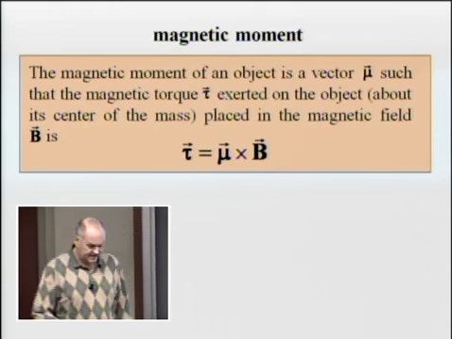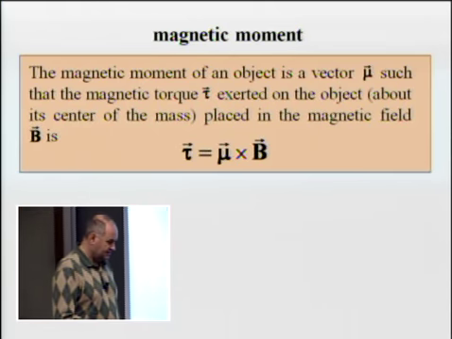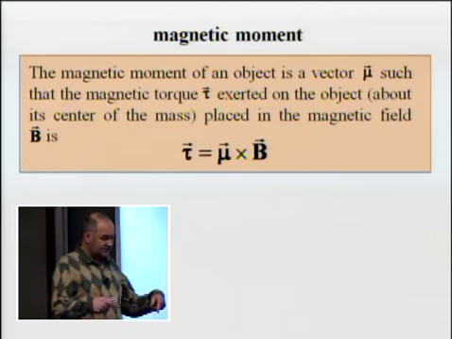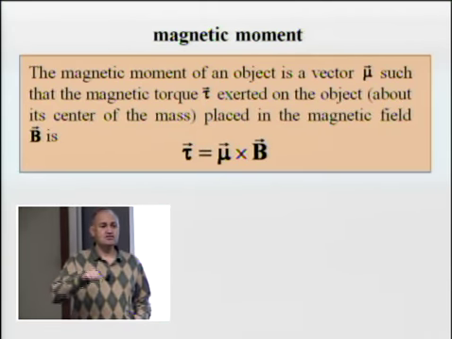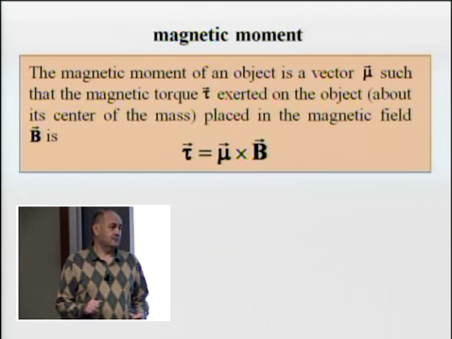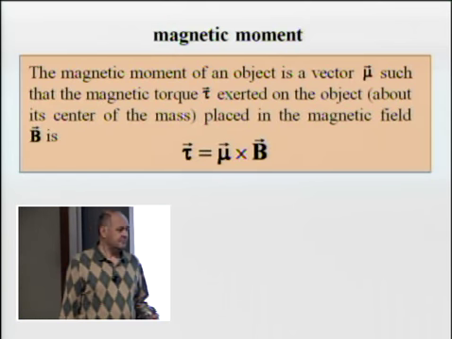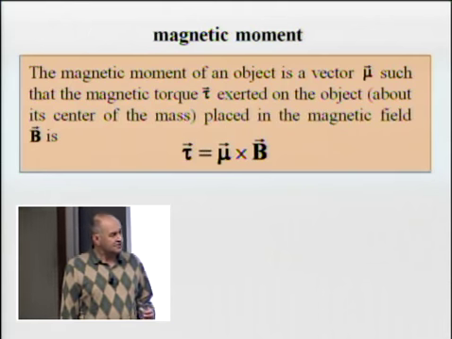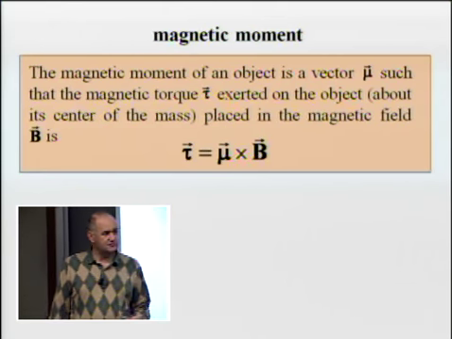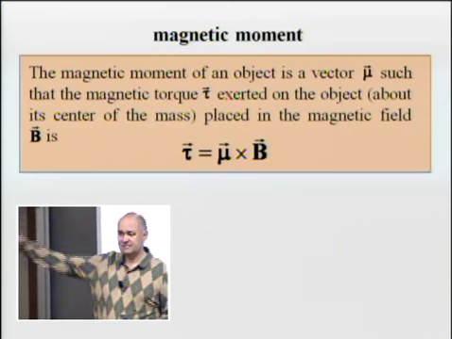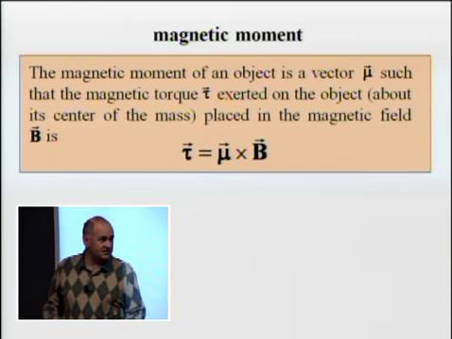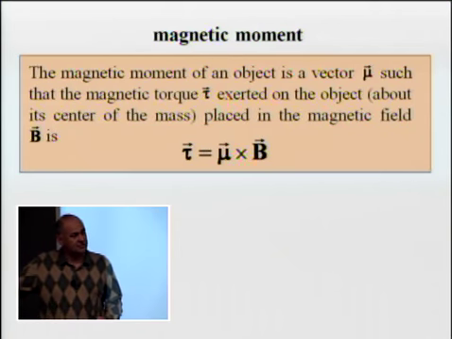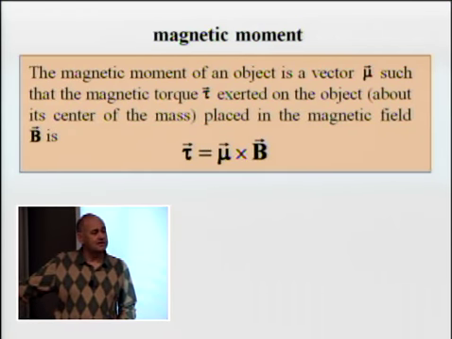Now, let's start this way: the magnetic field here in this room, on the northern hemisphere, the magnetic field of the Earth is directed northward and slightly down. So in Kansas City, the magnetic field has a vertical component and a horizontal component.